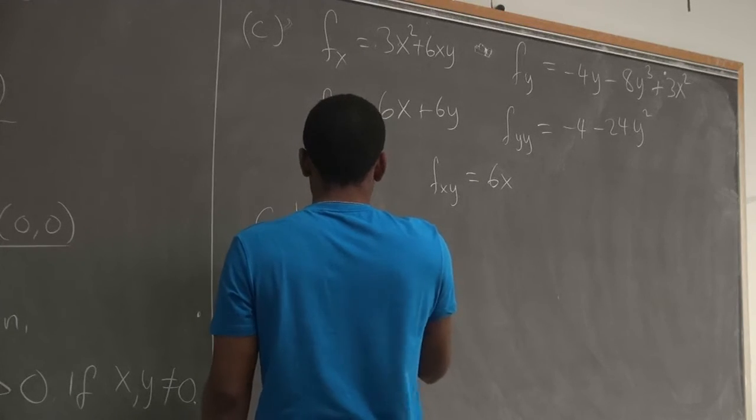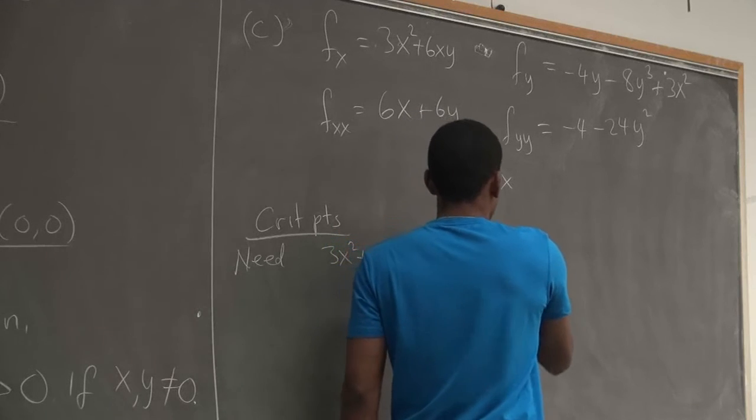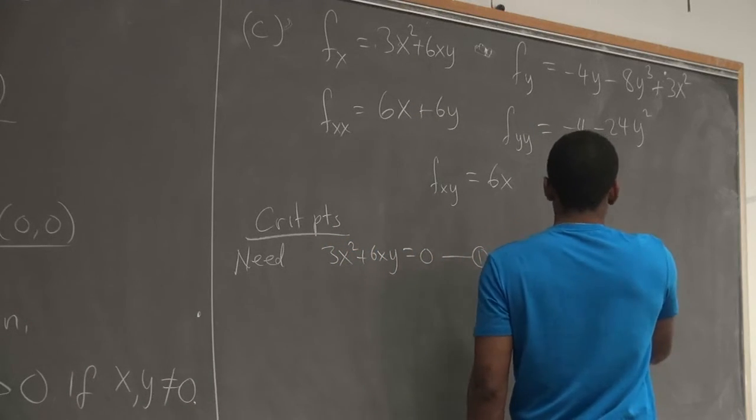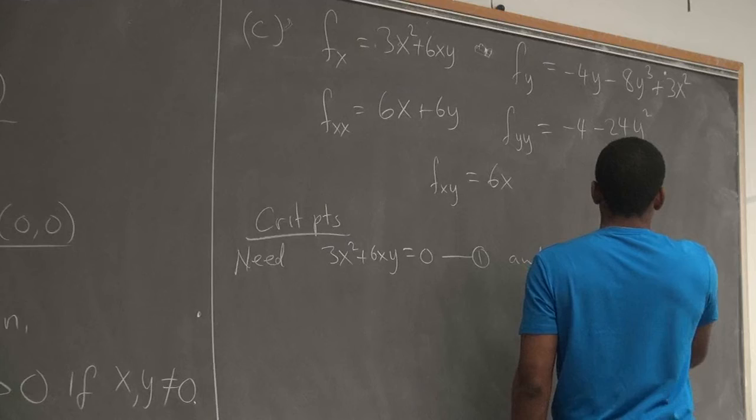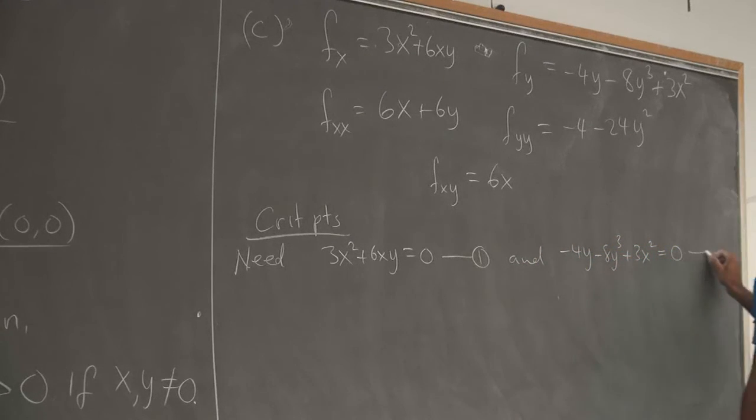We need 3x squared plus 6xy to equal 0, call this equation 1. And we need minus 4y minus 8y cubed plus 3x squared equal to 0, call this equation 2.